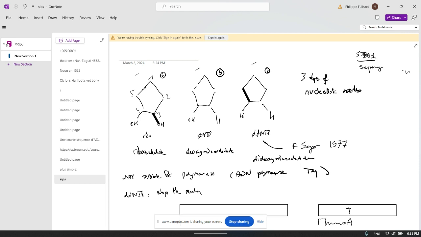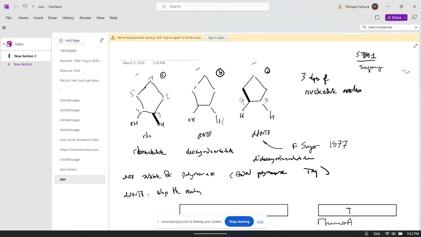You have a dNTP, or deoxyribonucleotide, if you have OH at 4 but only H at 3. And finally, we have the dideoxyribonucleotide if you have 2 H. So, okay, you have neither a hydroxyl group at 4 nor at 3.